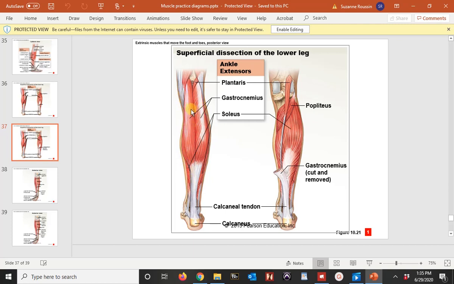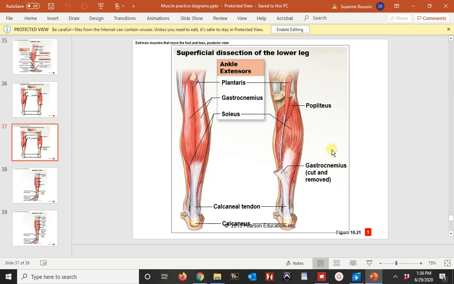So this calf muscle up here is going to be your gastrocnemius. And what I've heard students do is they say it in a way that's not how you actually pronounce it, so they can remember there's a C in gastrocnemius and not spell it wrong by accident.